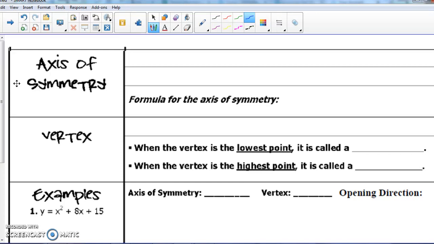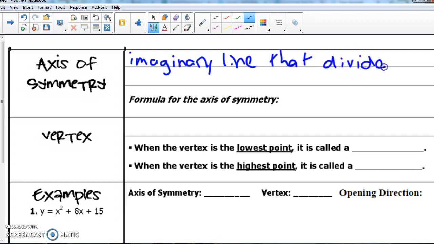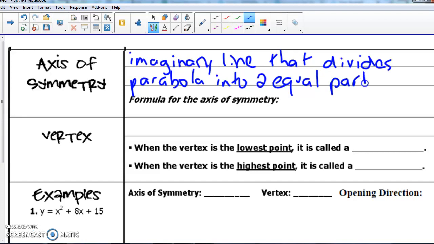So our axis of symmetry is an imaginary line that divides the parabola into two equal parts, meaning that they match up, so to speak, on both sides.